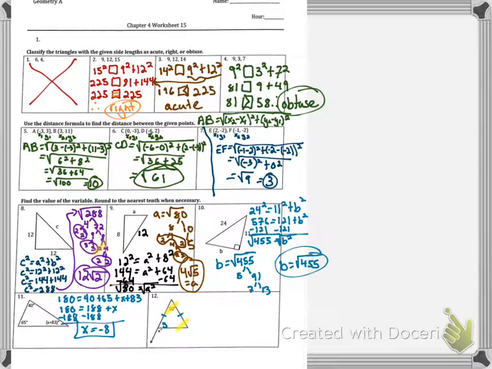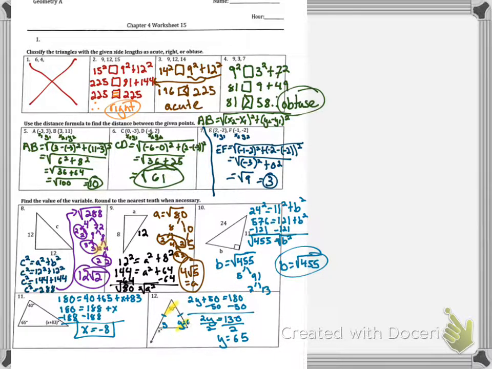So that means that these each have a value of y, or any variable you chose. So we know that 2y plus 50 equals 180. I subtract over 50. I get 2y equals 130. I divide by 2. Y equals 65 degrees.